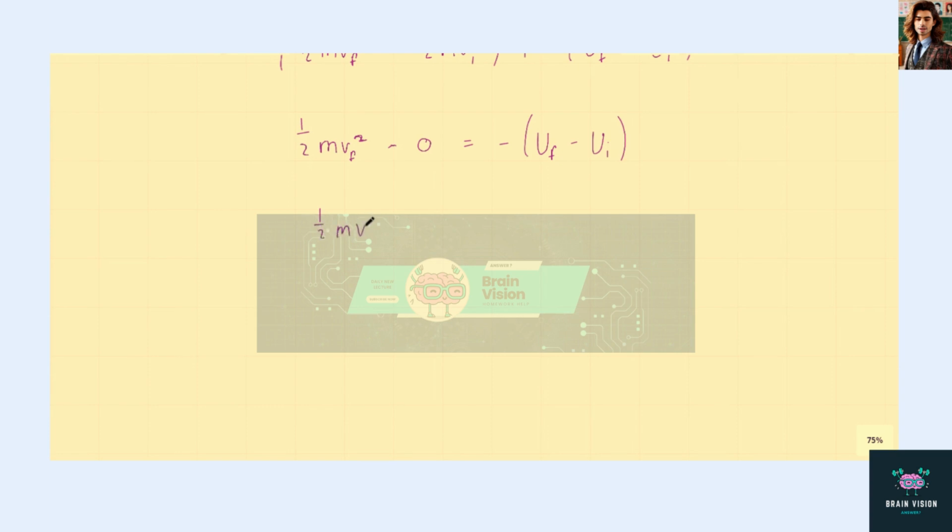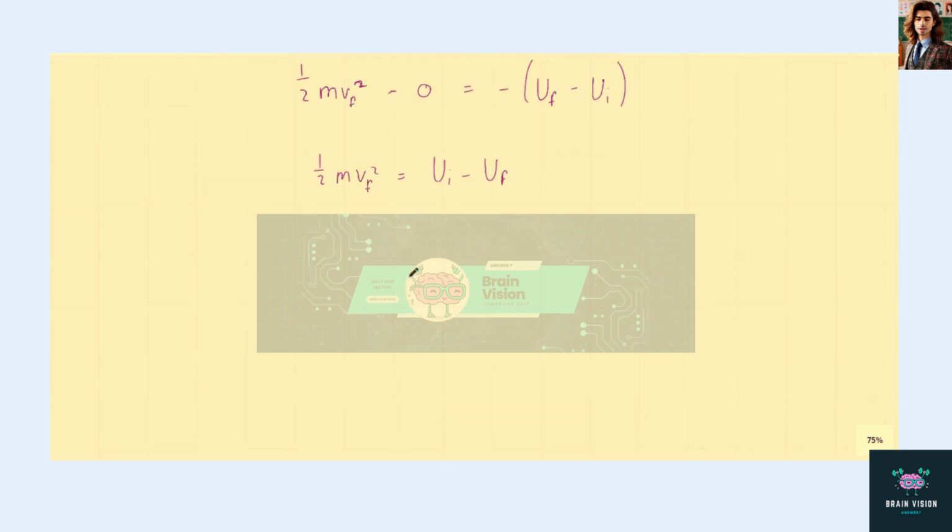So a half m vf squared is equal to ui minus uf. So essentially, we know uf is equal to 0. So at the equilibrium position, there is no elastic potential energy. So if we rearrange, we get vf to be the square root of 2 times ui over m, where m is the mass of the block.